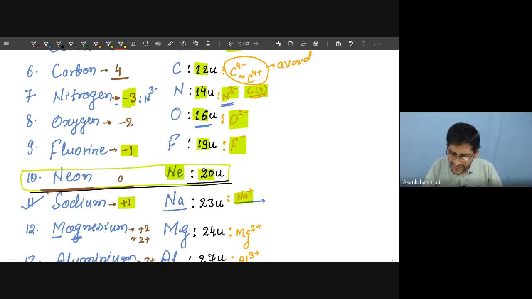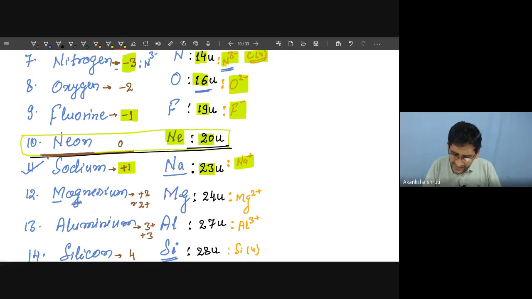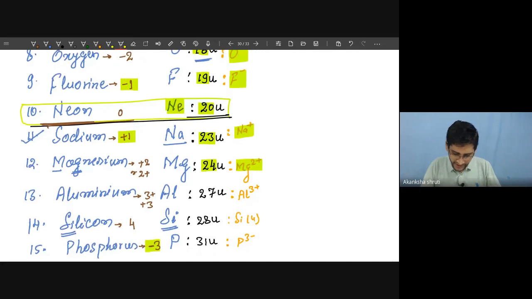Sodium always as Na+. So that's why I had taken this to illustrate one of the examples. And mass is 23. So this mass number is important for writing their molecular mass, and these ions are important for writing the formula of the compound. Similarly, for aluminium, mass is 27 and ion is Al3+.